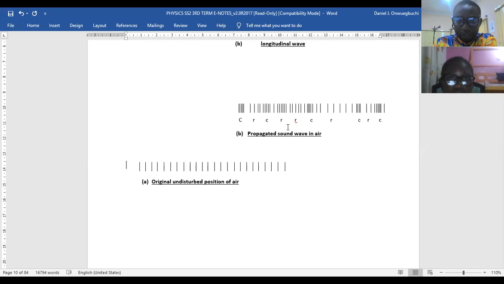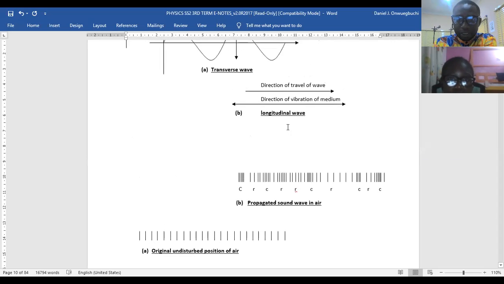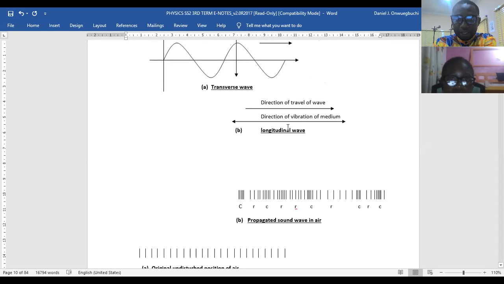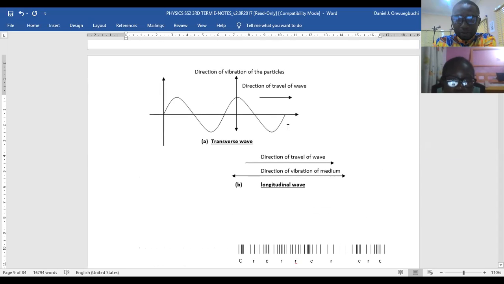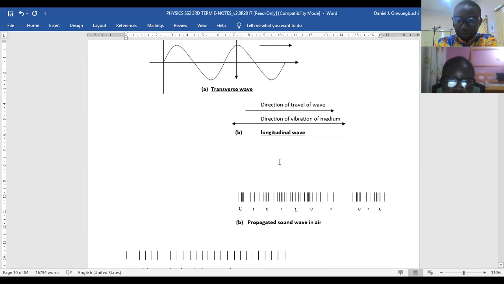Yes. Okay. Now, this is an example of what I'm trying to say. If the direction of vibration is perpendicular to the direction of travel, it's a transverse wave. If it is parallel, in the same direction, that is a longitudinal wave. This is an example of a longitudinal wave.